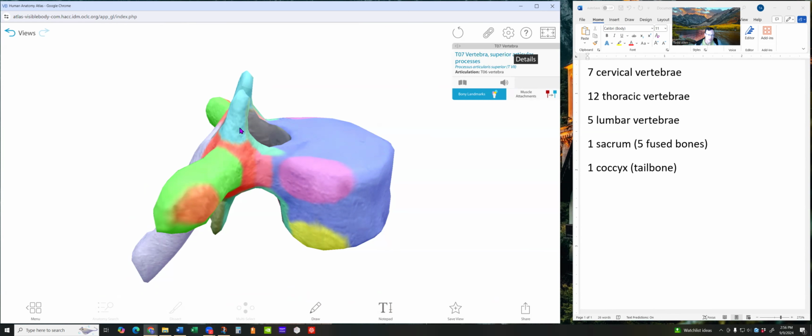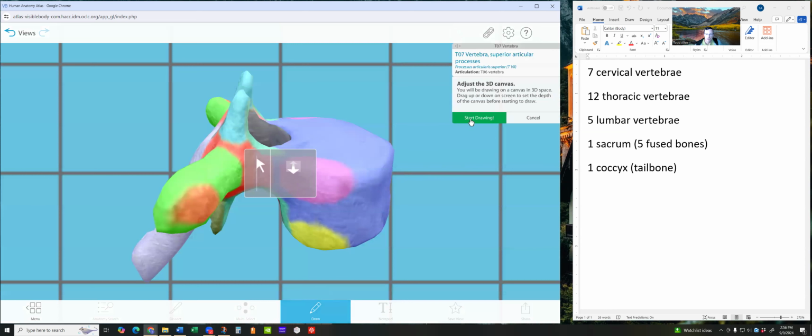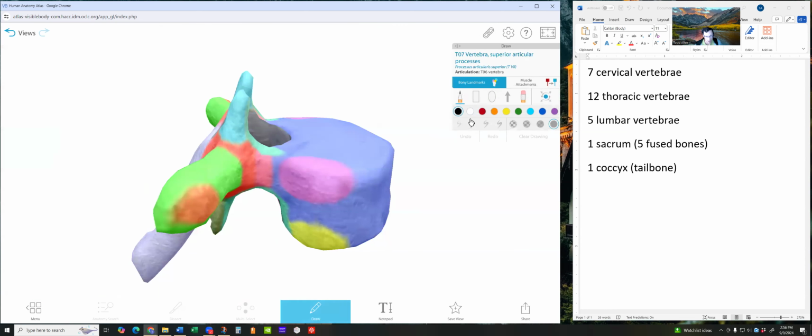So this is the superior articular process, and the surface of the process that I'm going to highlight right here, the surface of the process, is the facet. The entire finger is the process, but the one surface of the finger is the facet.